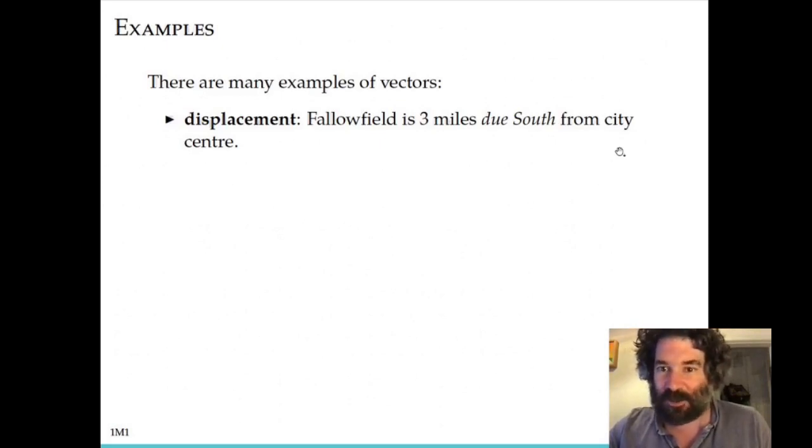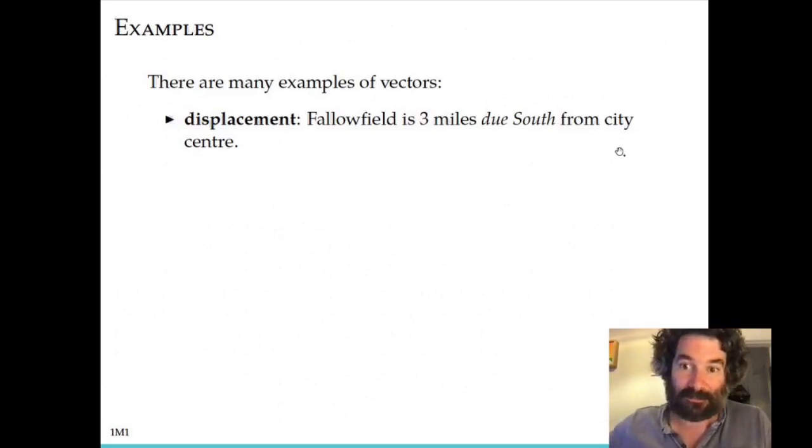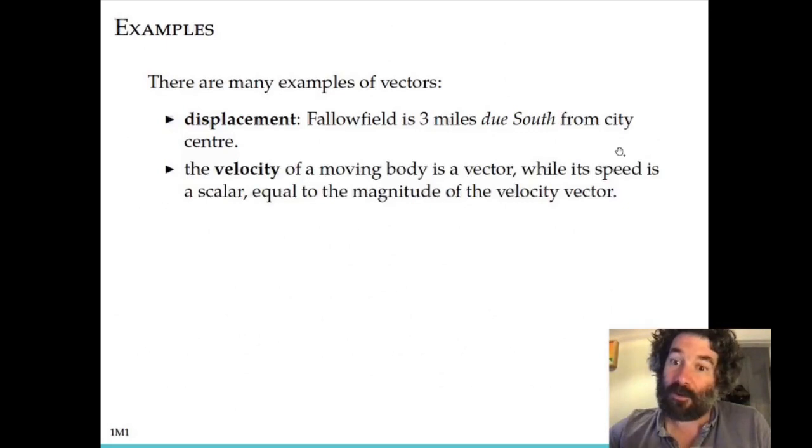Usually students are familiar with Manchester, but Fallowfield, an area of Manchester, is 3 miles due south of the center of Manchester. So we could have a displacement vector with base at the city center pointing towards Fallowfield. The magnitude would be 3 miles and the direction would be south.